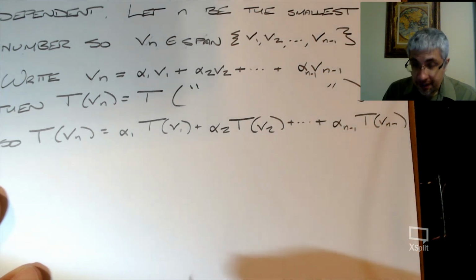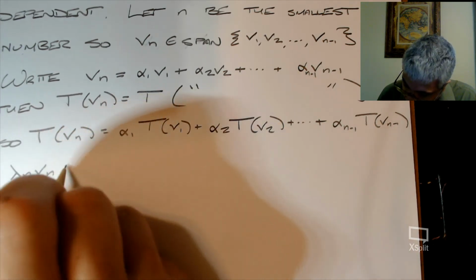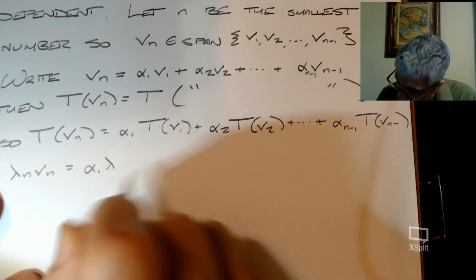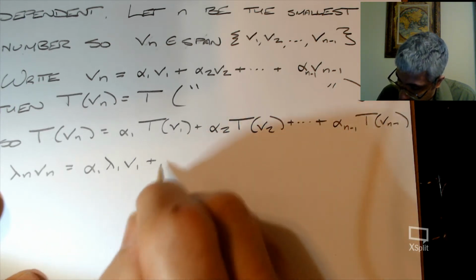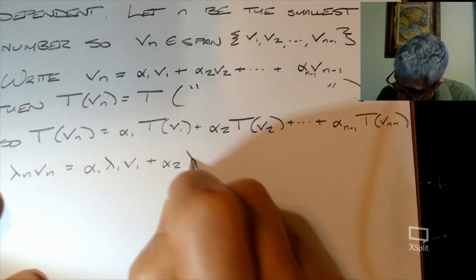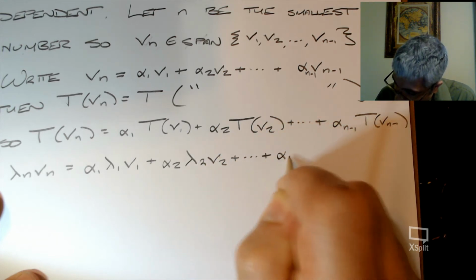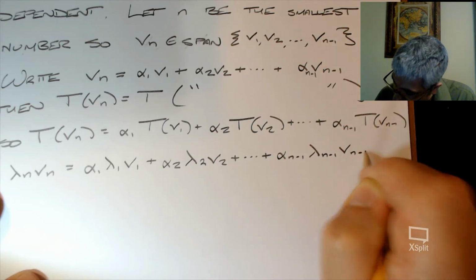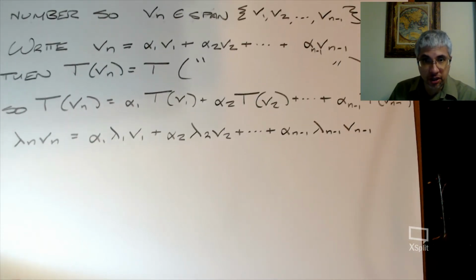And we have to use that. So what do I know? Well, this gives me lambda n Vn, and this gives me alpha 1 lambda 1 V1, right? Because that's the eigenvalue for V1. And I get alpha 2 lambda 2 V2 plus dot dot dot. And this would give me alpha n minus 1 lambda n minus 1 V n minus 1. Okay, so now we've used the fact that these are actually eigenvectors.